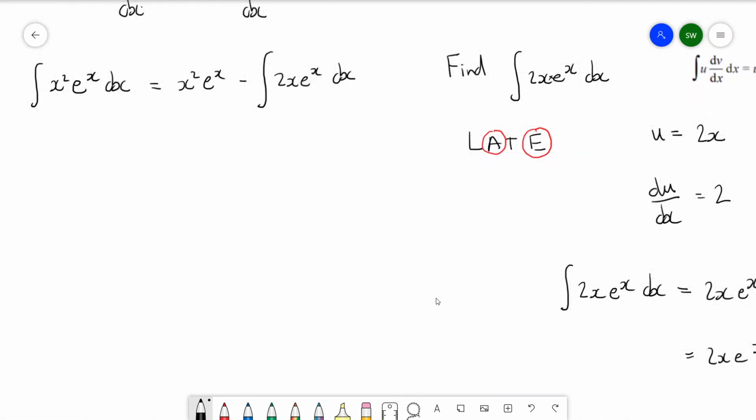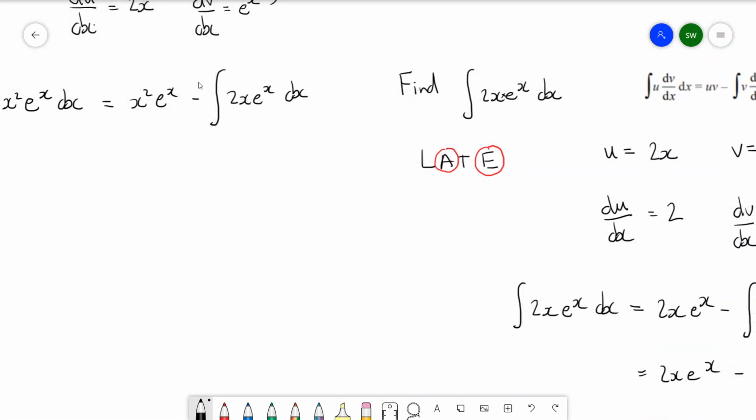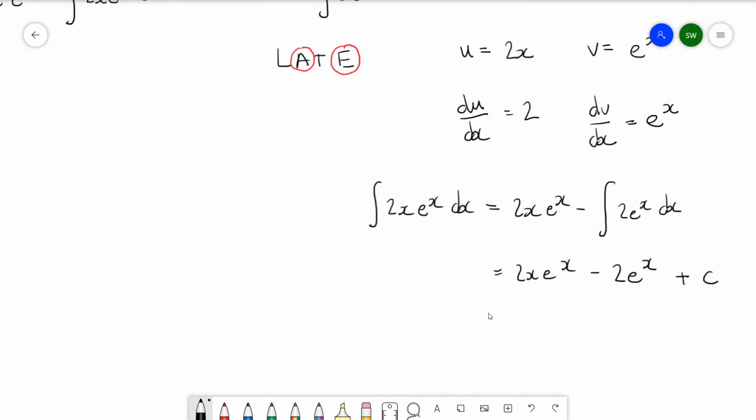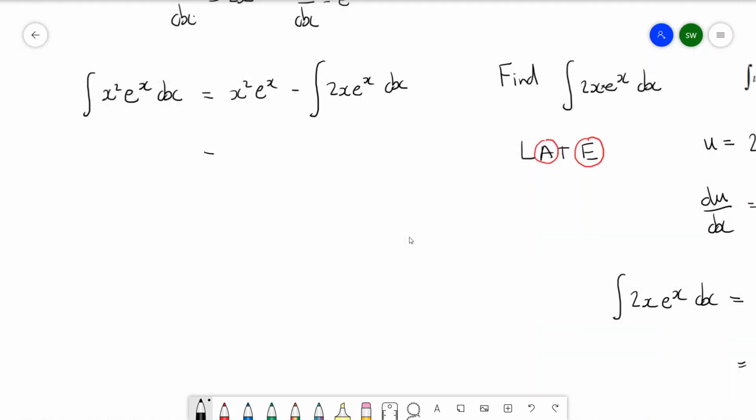Our final step is to substitute this in for this integral here, because we found that that integral is equal to that expression there. So the answer to this example is going to be x squared e to the x, and then minus, and I normally put minus and then a bracket just so I don't make a mistake with that minus.